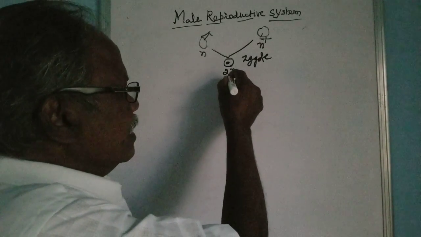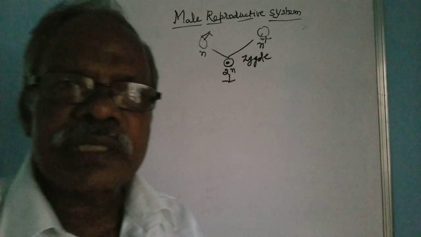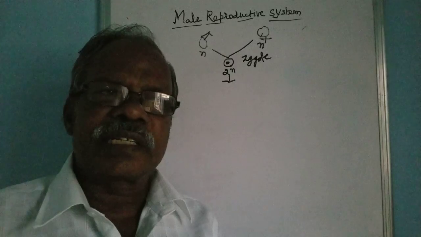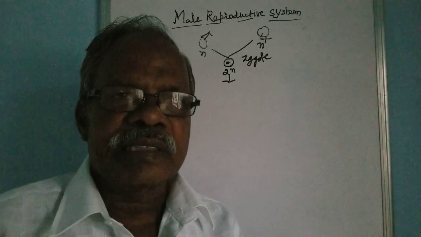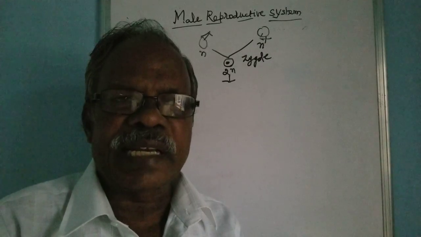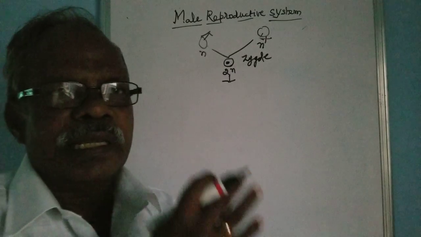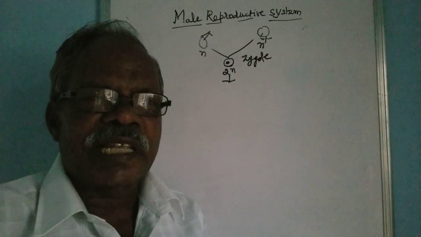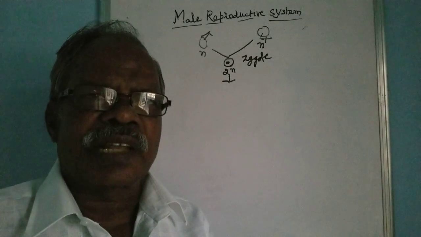Then the zygote undergoes cell division called mitosis, wherein the diploid number of chromosomes is maintained as diploid. From one cell, a two cell stage is formed, two cells to four, and like that myriads of cells are formed.